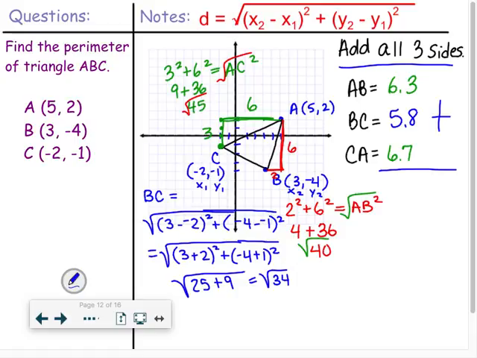So 5.8 added to my 6.3 and 6.7 gives me 18.8 for my perimeter. So you can use graph paper if you're solving a problem like this. You can use the distance formula 3 times, or the Pythagorean theorem, or a combination of both.